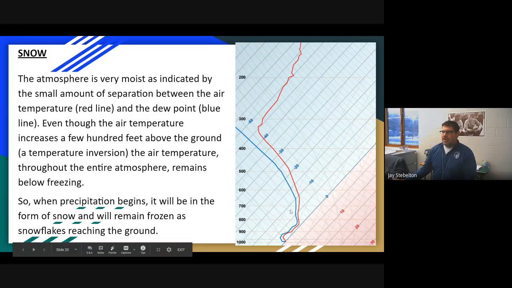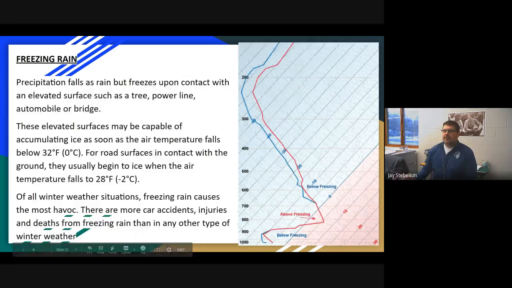Your snow Skew T diagram has all of the saturation below the freezing line. And when it hits the ground, it's still below freezing. So that gives us snowflakes. Here was one from the other day. Notice part of the saturation line, where temperature and dew point are the same, is above freezing.